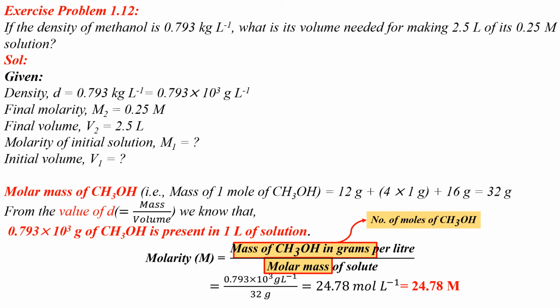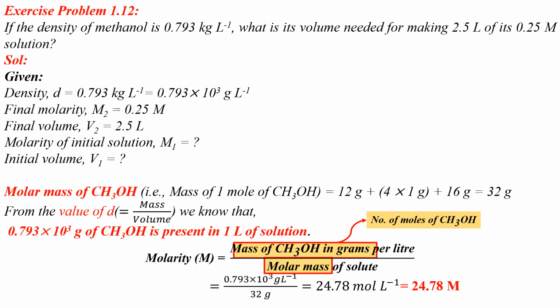Now, whenever you find the unit of density expressed in kilogram per liter or gram per liter in the problem, clear? You may use the second formula of molarity to calculate it. Okay, this is for simplicity's sake. You can adopt whichever method is convenient to you.